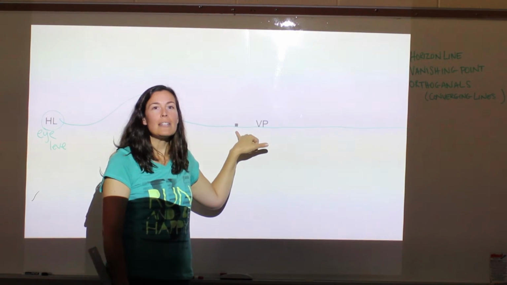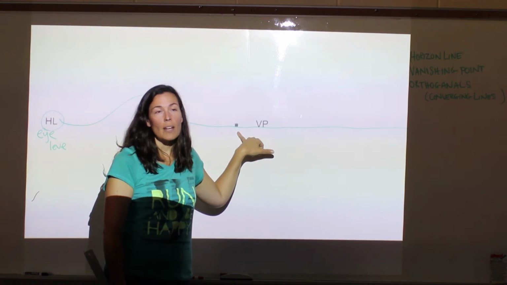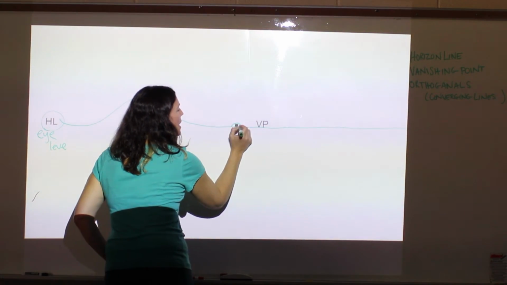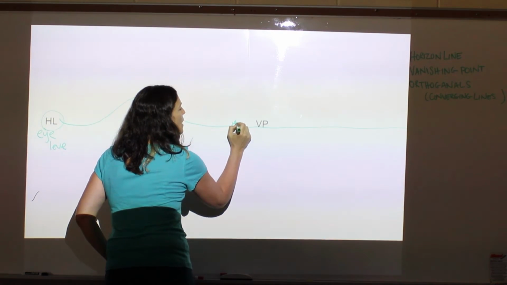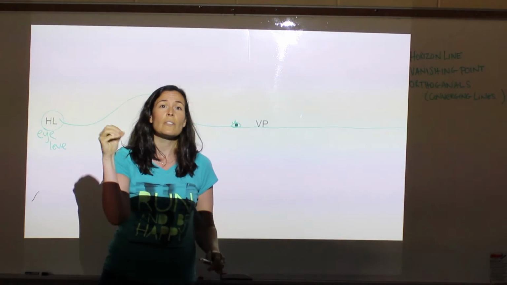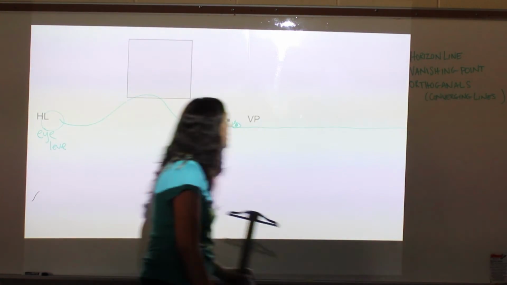And that point is where everything seems to vanish to. That's your vanishing point. Okay? I like to draw a little eye on there sometimes so that you know that's the spot everything converges or recedes in space. Now what we're going to do is draw a box.